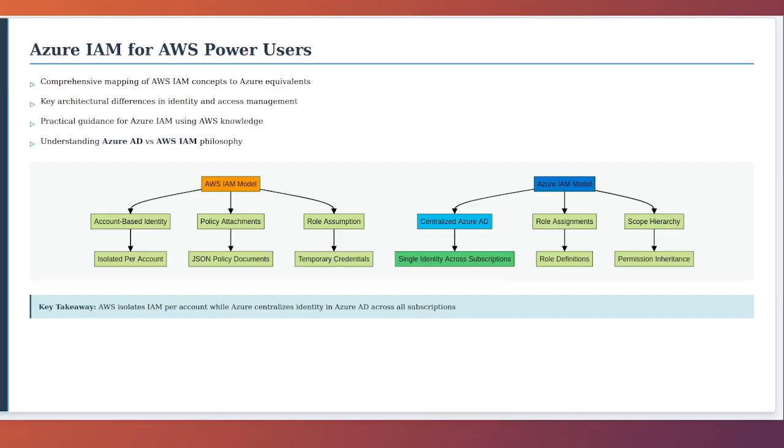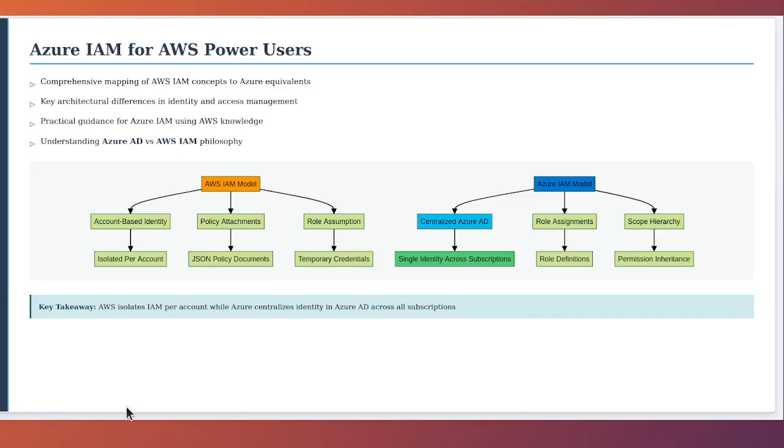We'll map AWS IAM concepts directly to their Azure equivalents, highlight key differences in architecture and approach, and provide practical guidance for managing identities and permissions in Azure when you're already familiar with AWS patterns. The goal is to accelerate your Azure learning curve by leveraging your existing AWS knowledge.